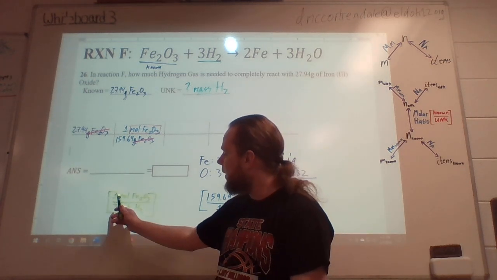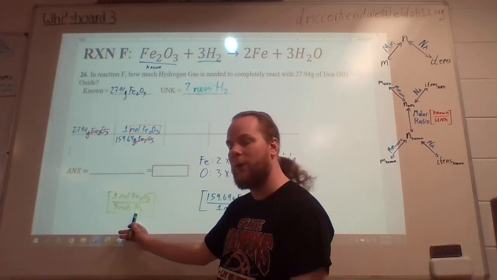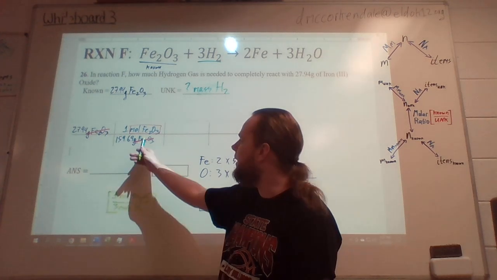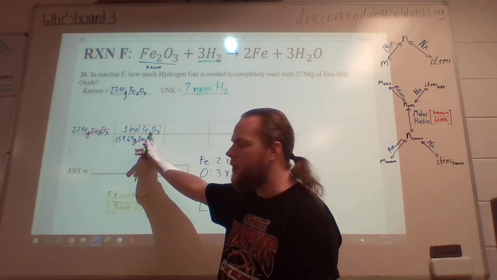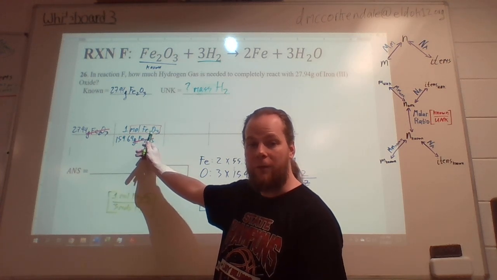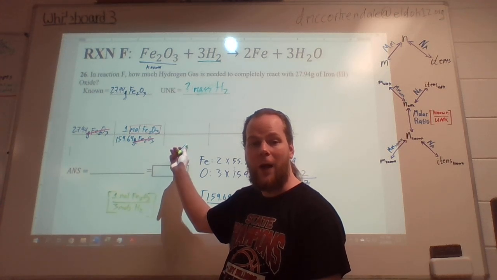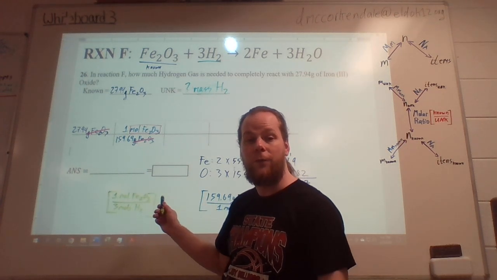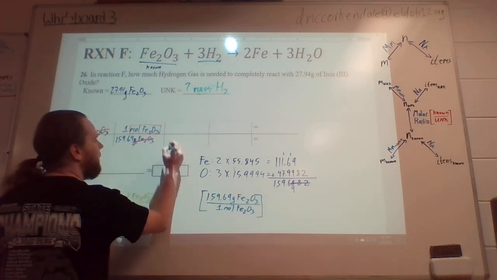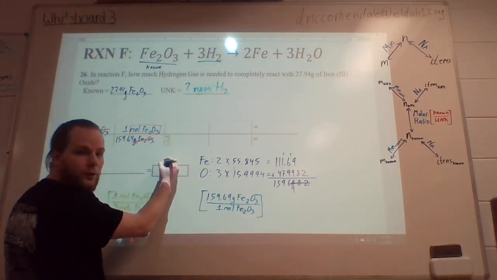On the top, we have 1 mole of Fe2O3. On the bottom, we have 3 moles of H2. We need moles of Fe2O3 to cancel, so moles of Fe2O3 needs to be in the denominator in our second fraction. So this needs flipped.